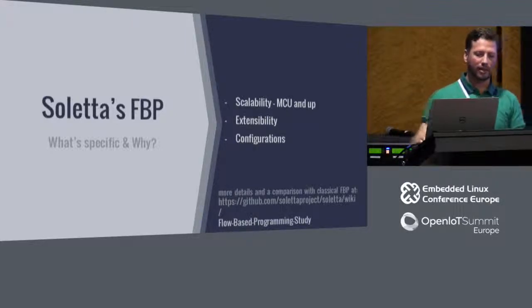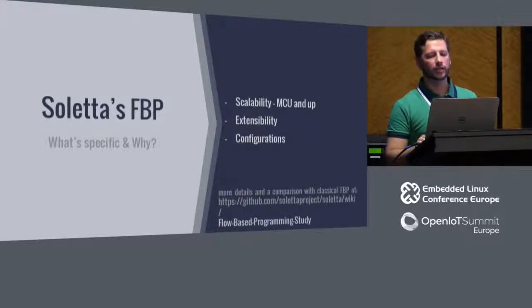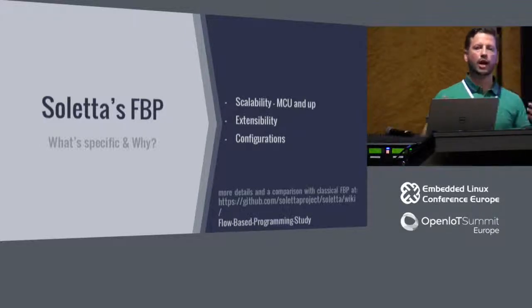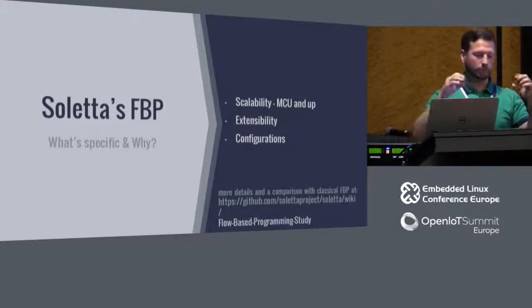So for Soletta FBP, what is specific in it and why did we do it like that? Basically, we had to focus on scalability from microcontroller units and up. We had to make it extensible, like microflow was nice, but it was kind of fixed. And we had to focus on configurations because as people are trying to produce more products, they are changing the hardware.